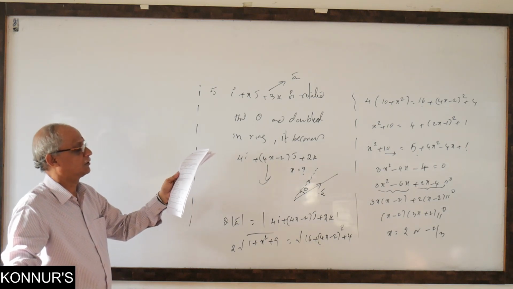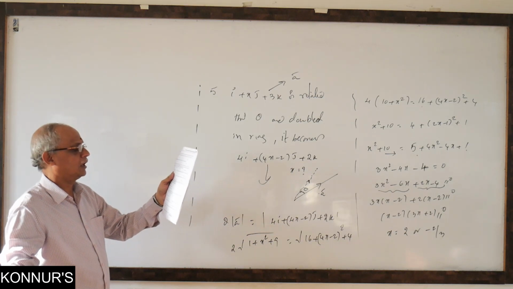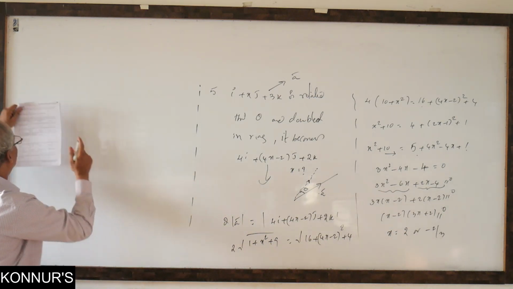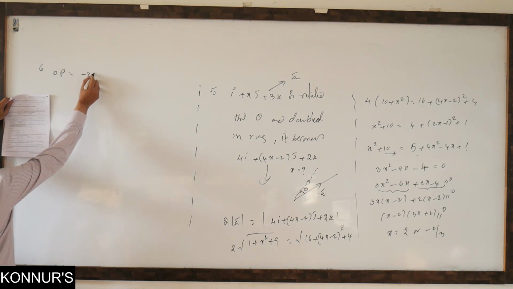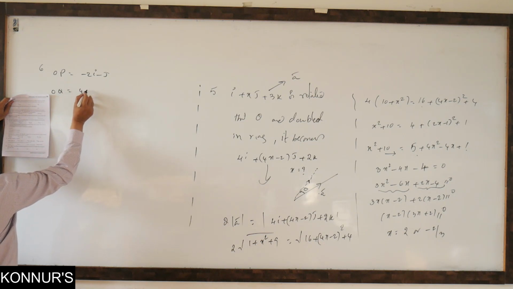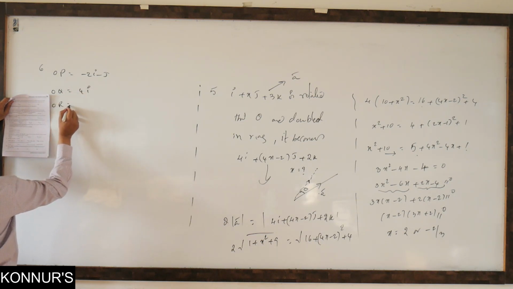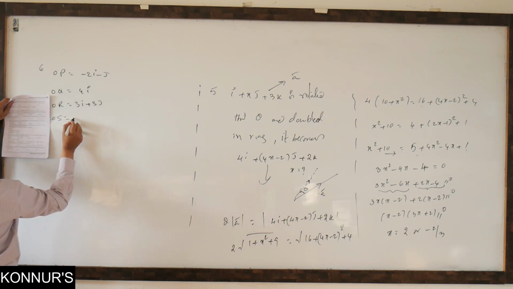So, geometrical problem. Number 6 is also geometry only, because vector 3D is nothing but geometry. PQRS: position vectors of 4 points given. OP is minus 2i minus j. OQ only 4i. OR is 3 3. OS is minus 3i 2j.